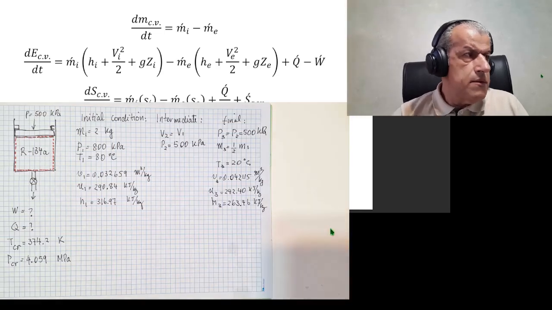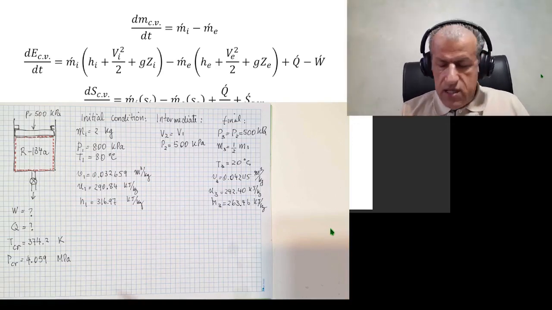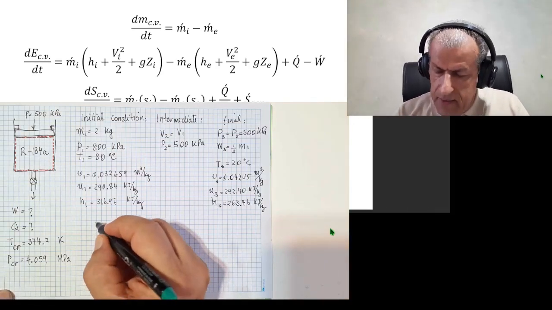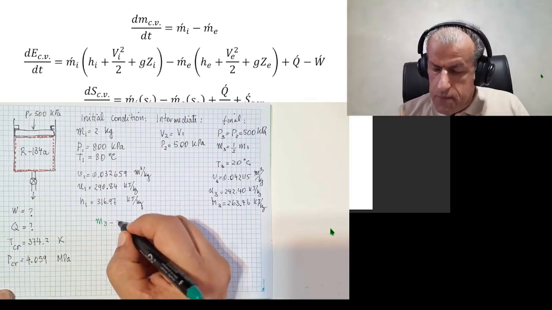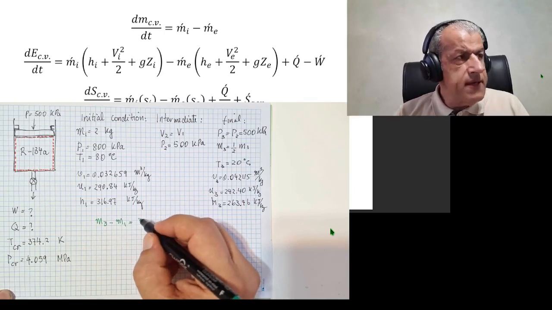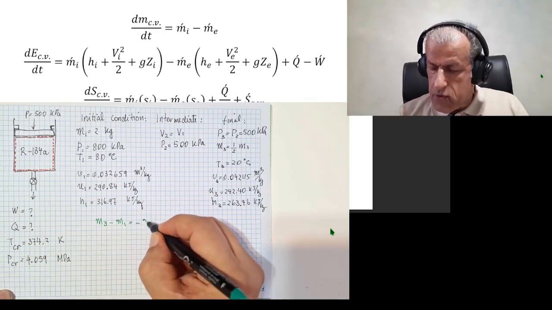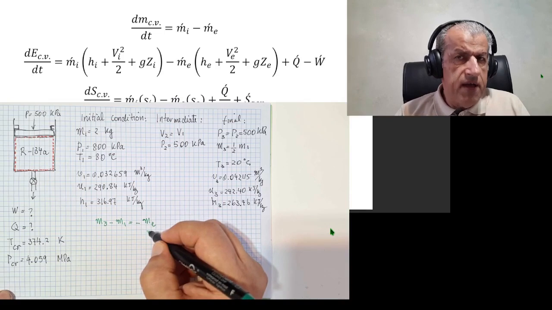Now, simplifying the first equation, the mass conservation equation would tell us that M3 minus M1 equals, no mass enters, but mass leaves, so it is minus ME, and we are integrating this equation between initial and final conditions.